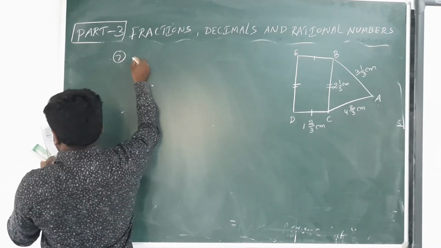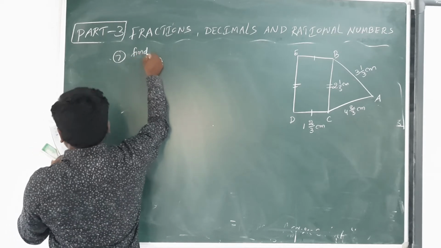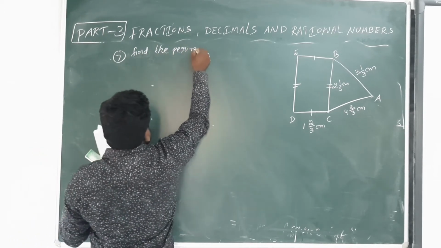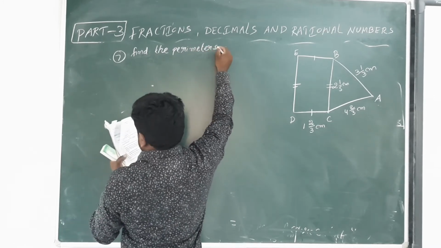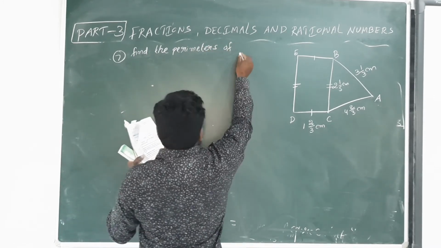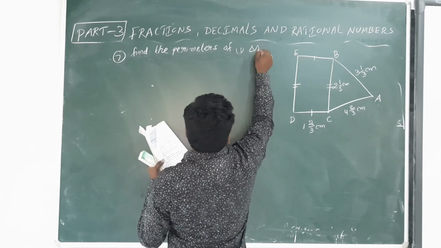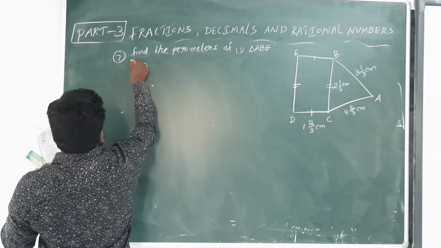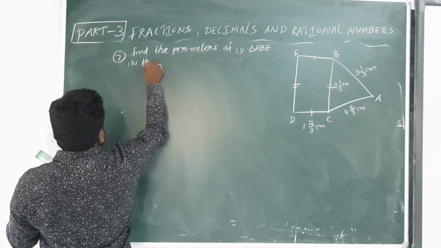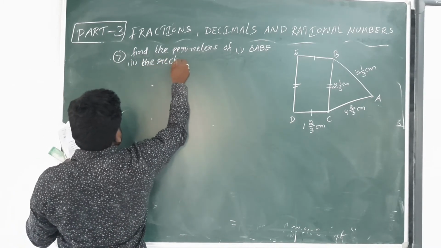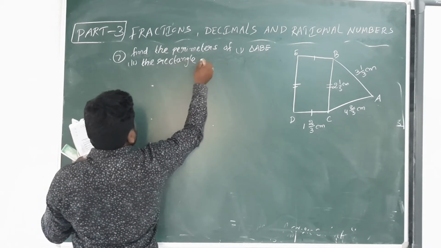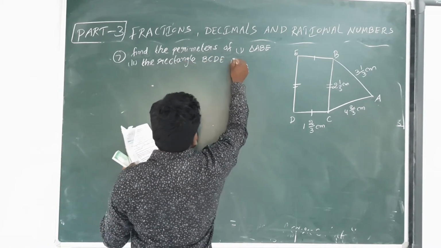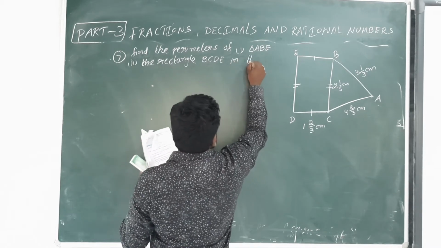Seventh question. Find the perimeters of first, triangle ABE, and second, the rectangle BCDE in this figure.